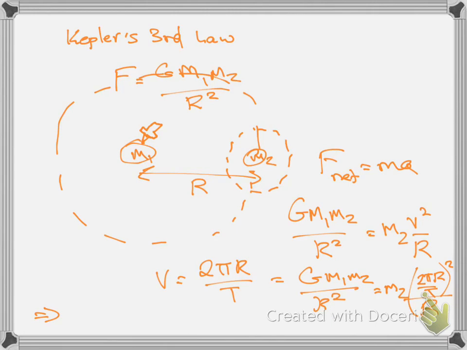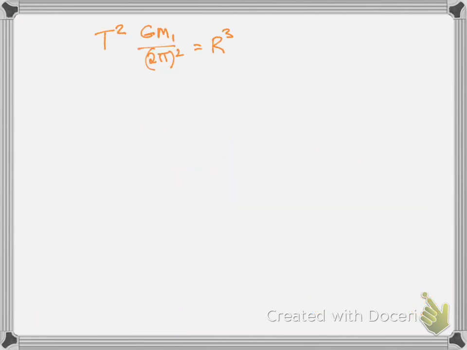On the right-hand side we're going to get an r cubed, and then a bunch of constants. So we get T squared G m1 over (2 pi) squared equals r cubed.